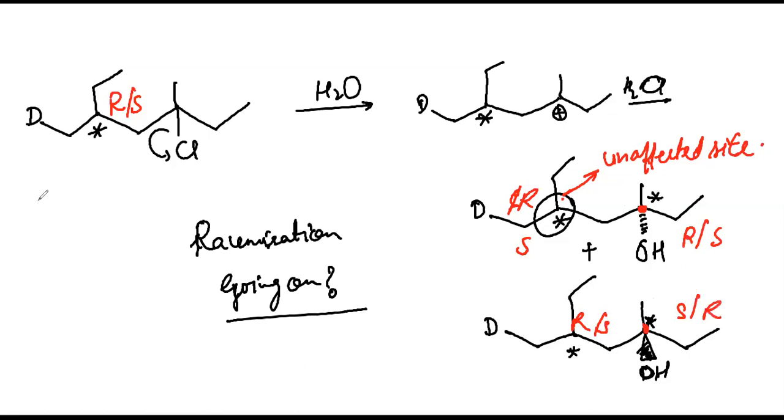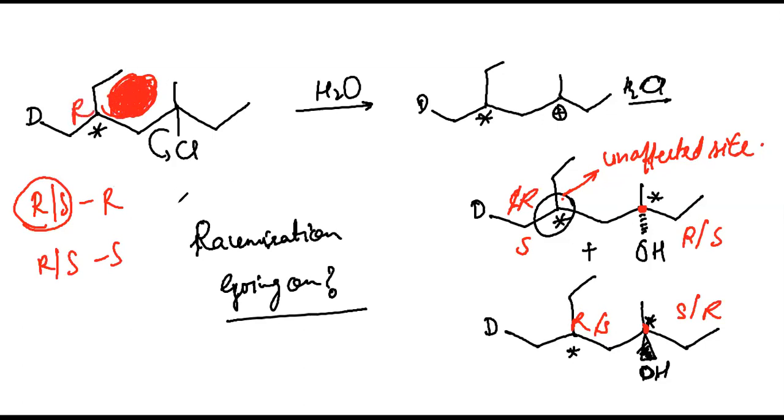So you will get a combination of RR and RS. Let's pick one. Should I pick R or S? Let's say I picked R. So now you will get RR and RS.